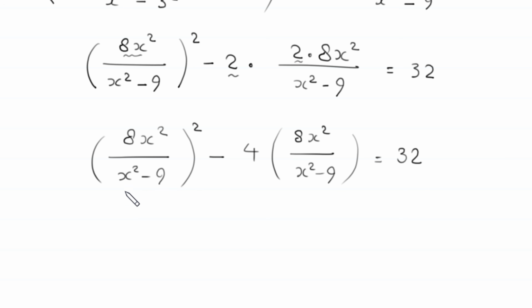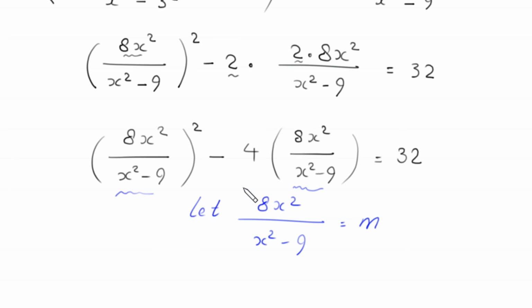Now here we have the same expression 8x squared over x squared minus 9, and the same expression here, 8x squared over x squared minus 9. So we suppose that 8x squared divided by x squared minus 9 is equal to m.